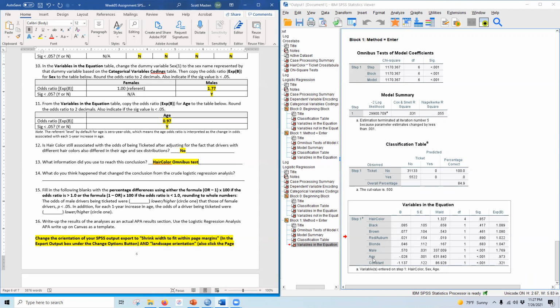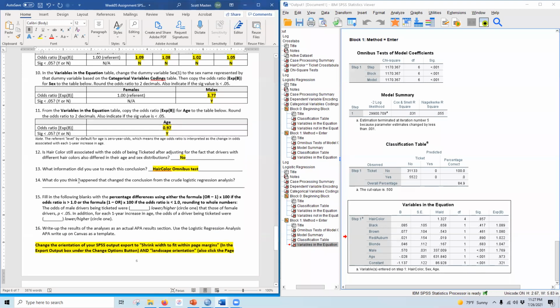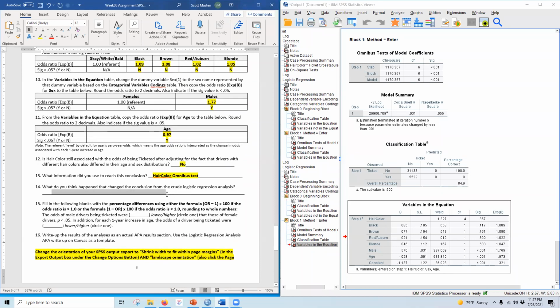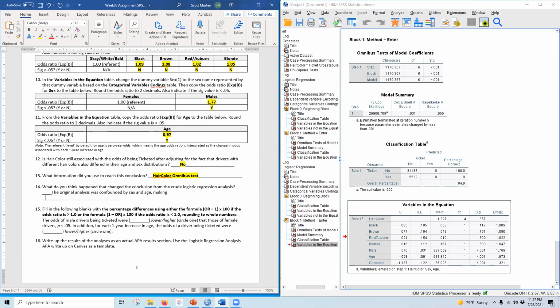So what do you think happened to change the conclusion from the Crude logistic regression analysis? Well, what did we do? We adjusted for age and we adjusted for sex, and suddenly hair color is not associated with different odds of getting a ticket, right? So what do I think happened? I think the original analysis was confounded by age and, I guess I did sex and age, making it look like hair color was related to odds of being ticketed.